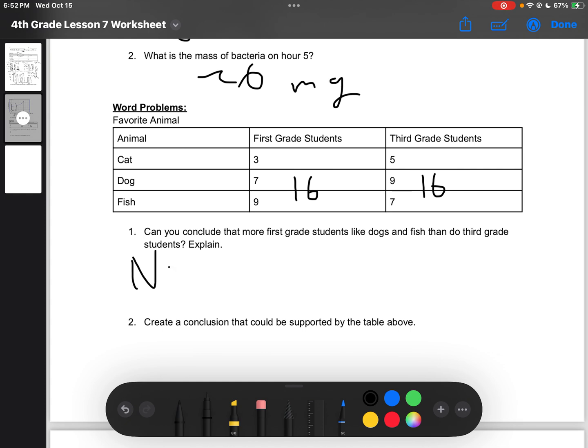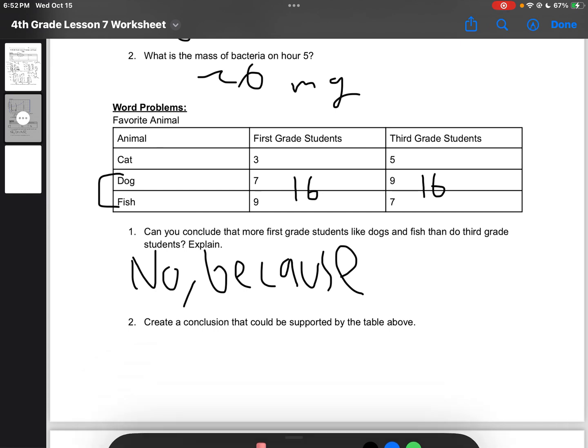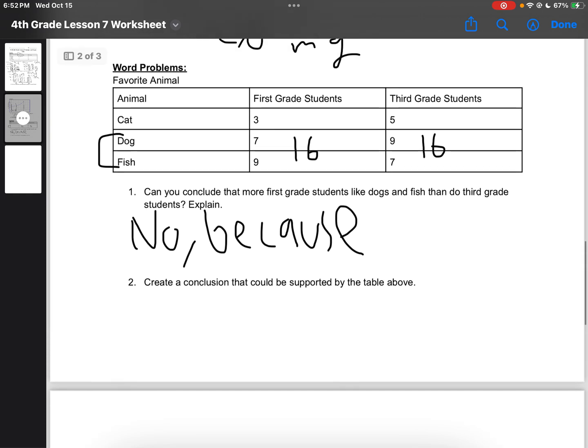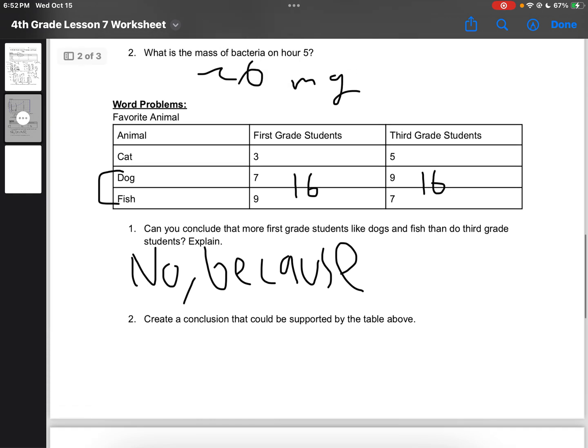So it'll be no. There's a total of 16 students. I won't be writing on that, but I'll just say it. No, because there are a total of 16 students for first graders who like dog and fish and third graders who like dog and fish. So it'll be equal.